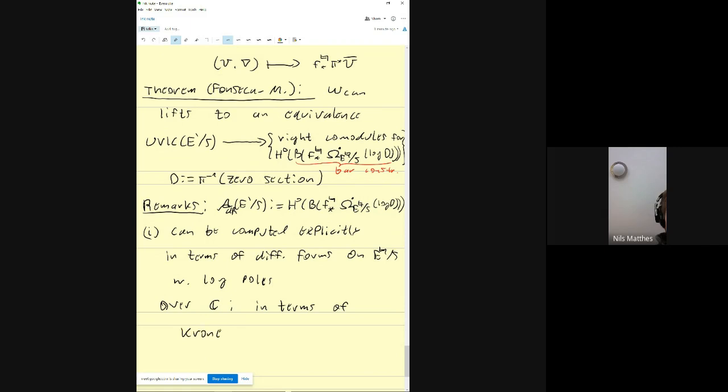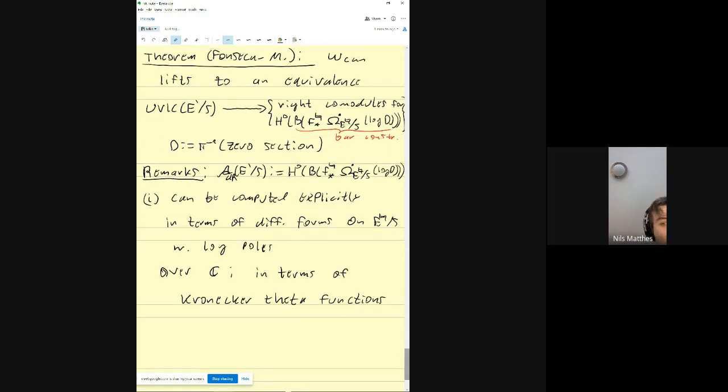Kronecker theta functions, to be precise. So you can make everything completely explicit and you can compute with it and whatnot.